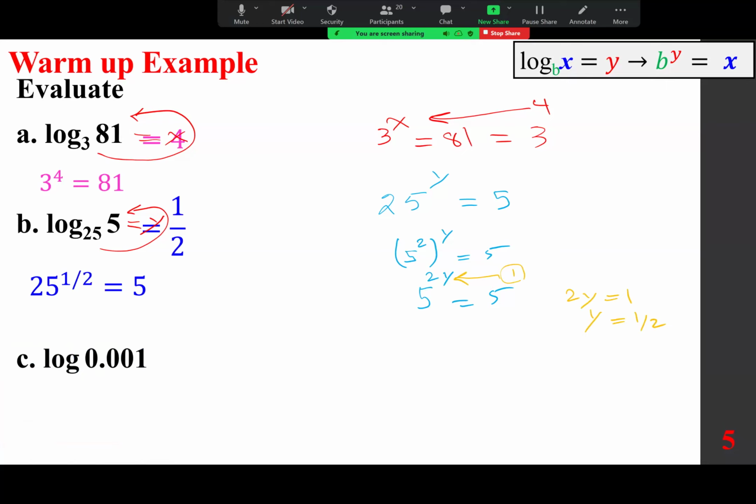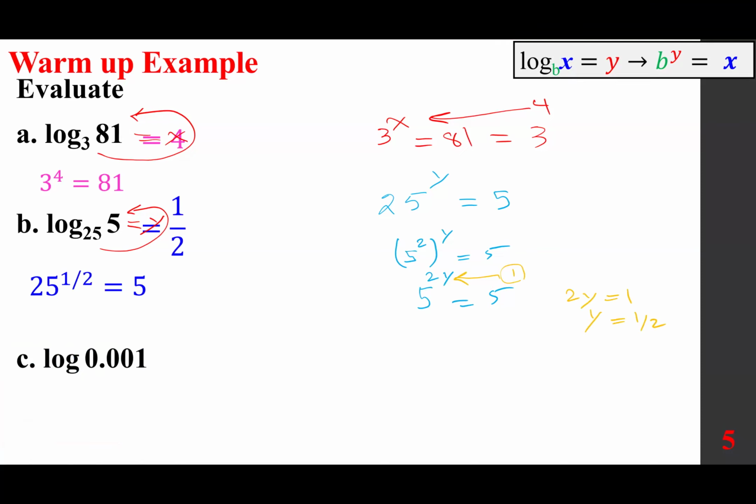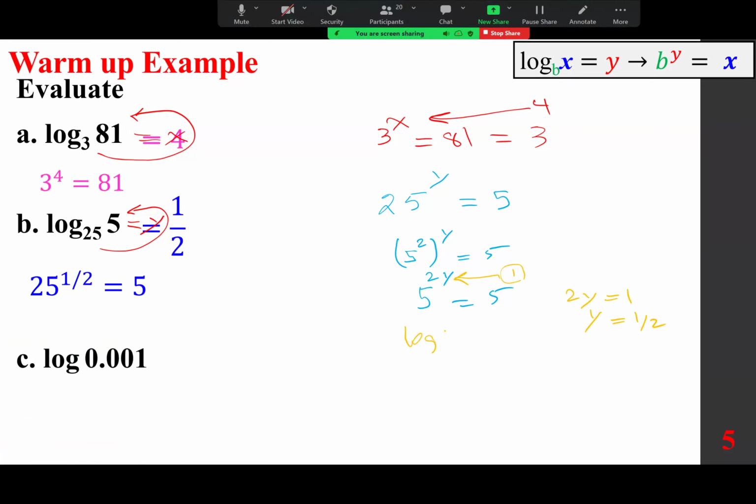When it comes to the last one, we are talking about common log, so we should know log of 100, for example, is 2, because it has 2 zeros. Log of, let's say, 100,000 has 5 zeros. Log of 0.1 has 1 decimal, so -1.